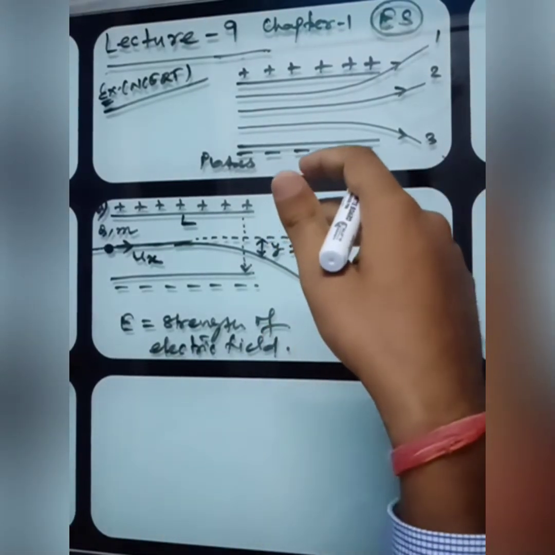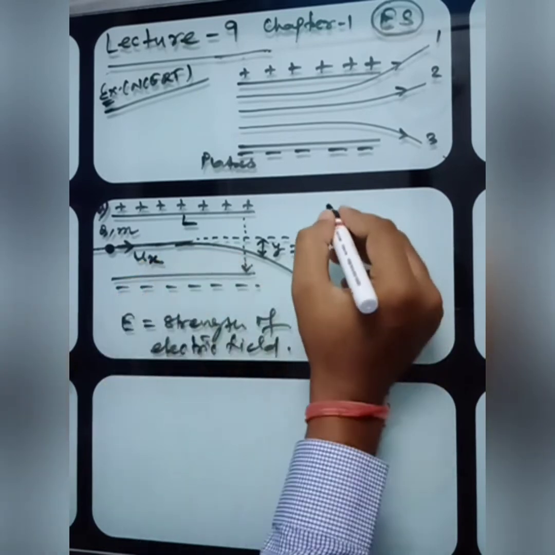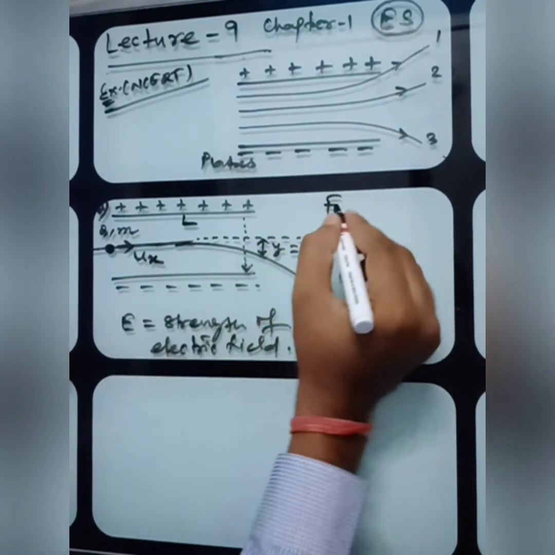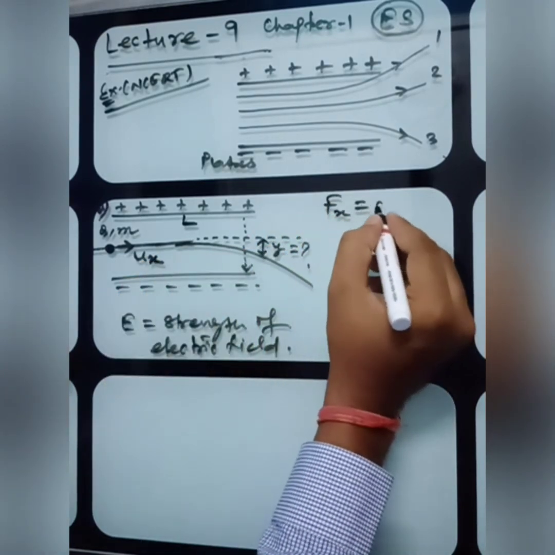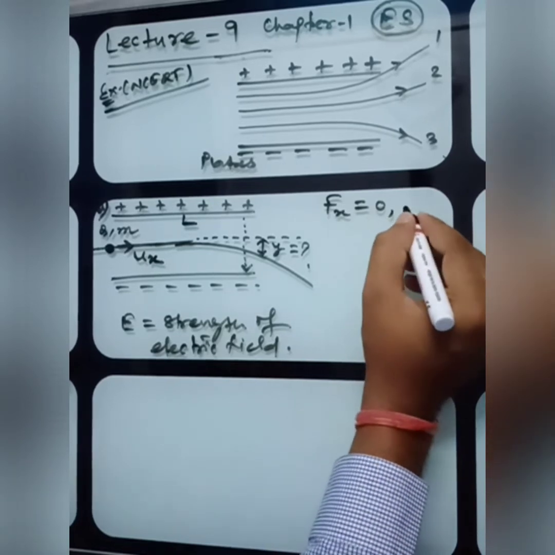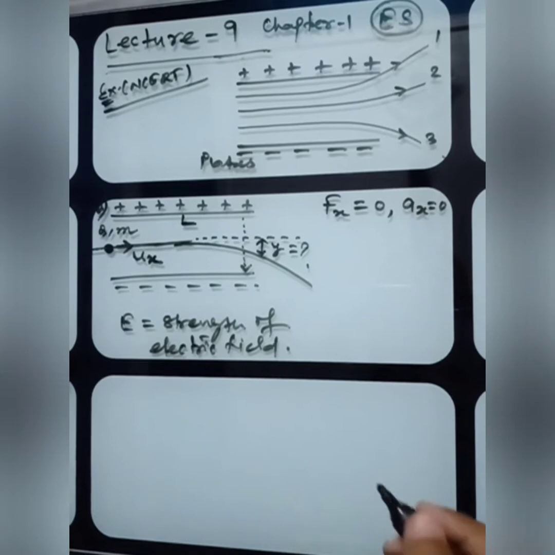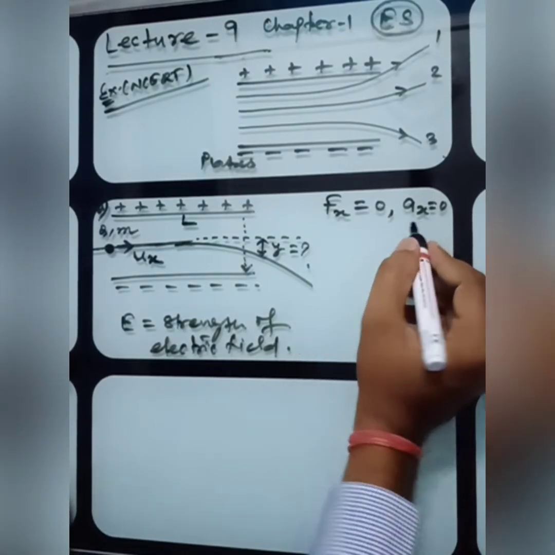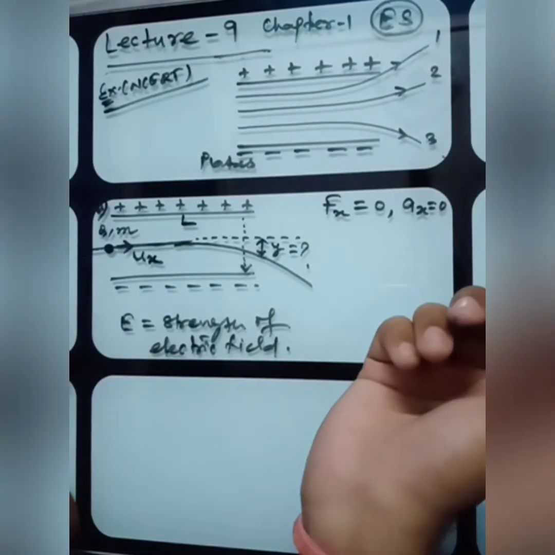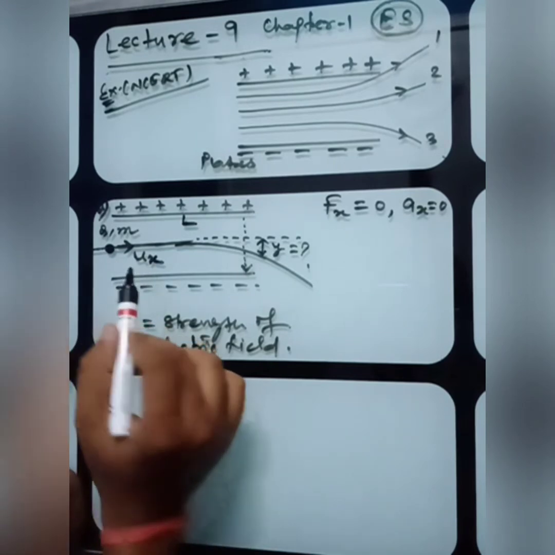Is there any force along the x-axis, students? If this is the x-axis, the answer is no. It means acceleration will be how much? 0, since mass cannot be 0. If acceleration is 0, then the charge is moving with constant velocity, and that constant velocity is ux.